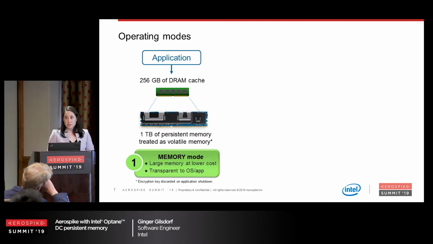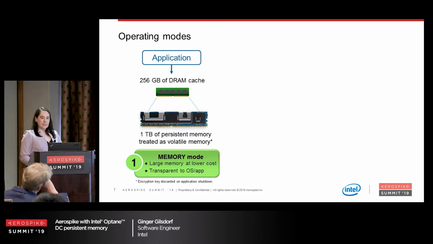A lot of people are doing this, but this is not taking advantage of the persistent nature of the media. So even if you're treating this as volatile, the media itself is persistent. So we enable this volatile mode by holding onto an encryption key, and then at the end, just discarding that. So if you are working with data that's not meant to be accessed later and you do not want it to be persistent, you can rest assured that no one will be able to access it.